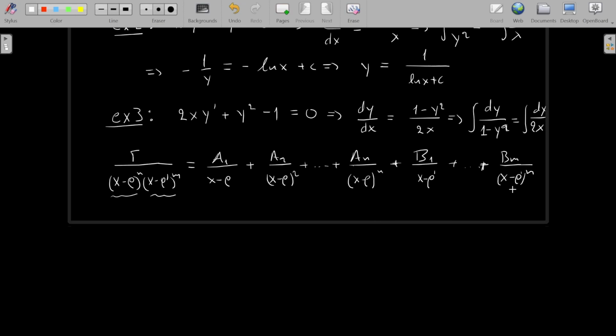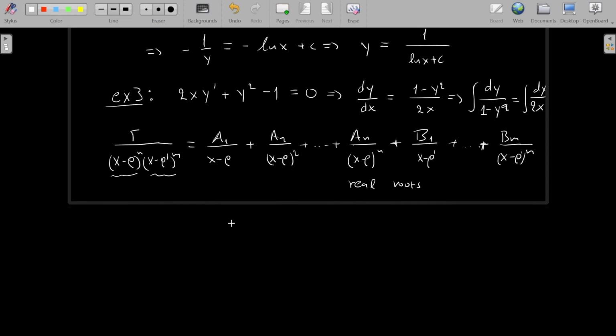Now this is the case if you have real roots. If you have complex conjugates as a solution to the second order equation, then what changes is the numerator. All of these are constants that we are going to deduce.